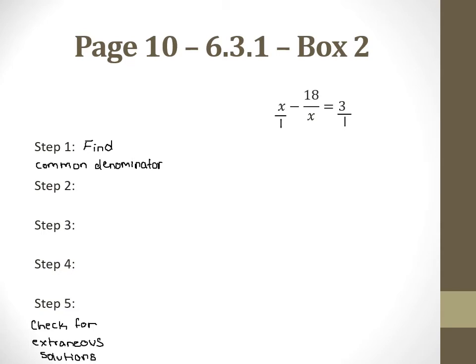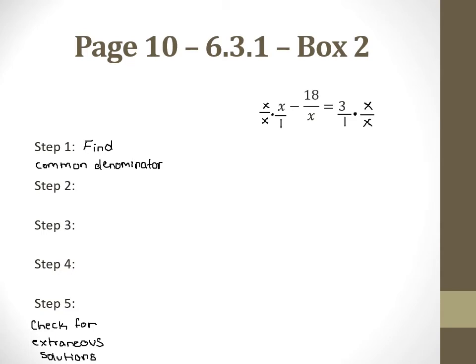So looking at these denominators, I've got 1's and I've got an x. So I need all the denominators to be the same. That means 2 of these are missing the x. So I'm going to multiply by x over x. And over here, I'm also going to multiply by x over x. Multiplying by whatever I need to make sure that all the denominators are the same. And when I do that, I've got some multiplication to do here.